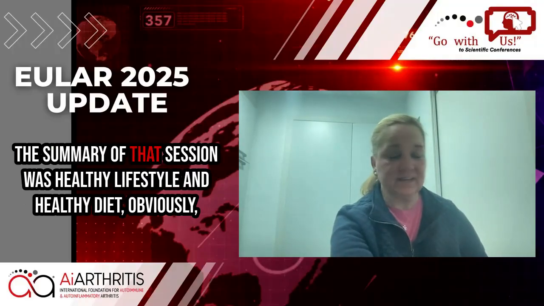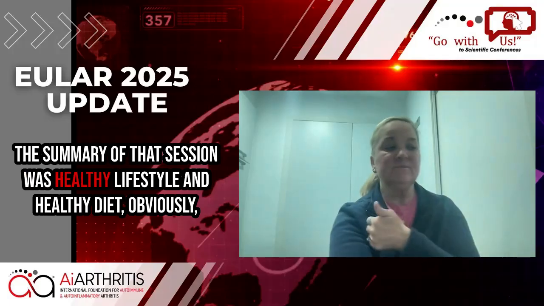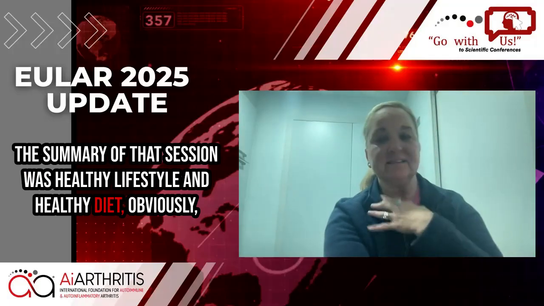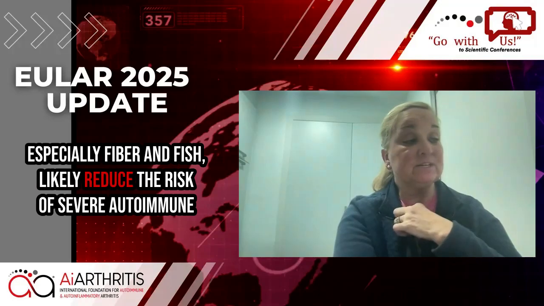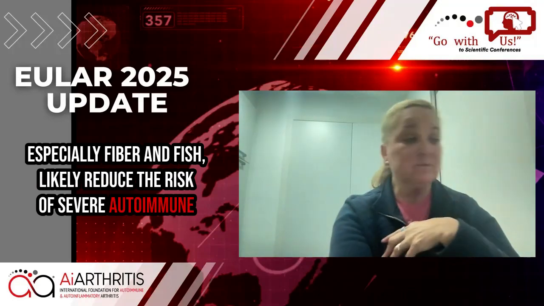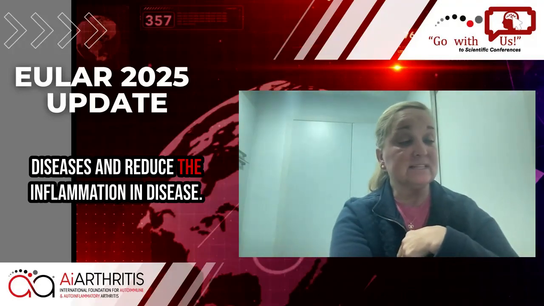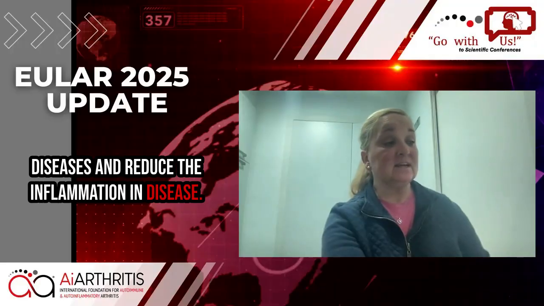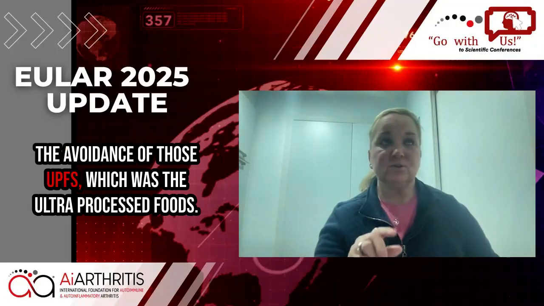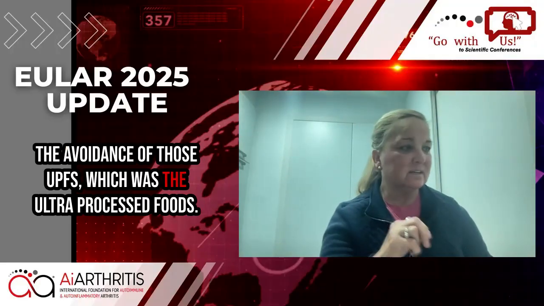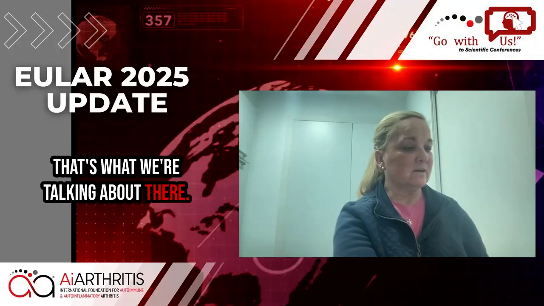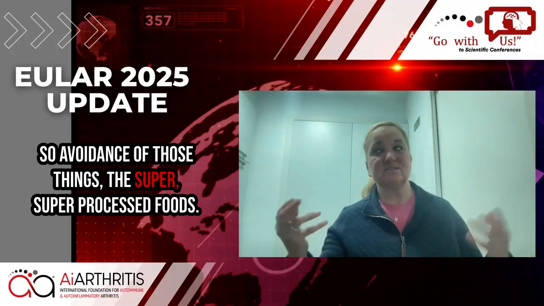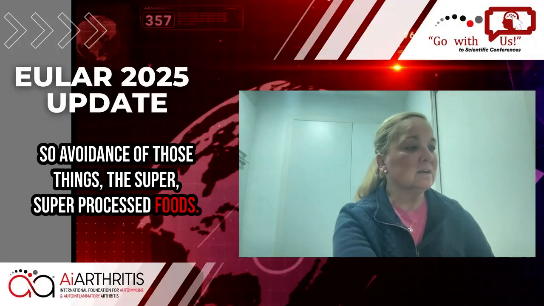The summary of that session was healthy lifestyle and healthy diet, obviously, especially fiber and fish, likely reduce the risk of severe autoimmune diseases and reduce the inflammation in disease. The avoidance of those UPFs, which was the ultra-processed foods. That's what we're talking about there. So avoidance of those things, the super processed foods.